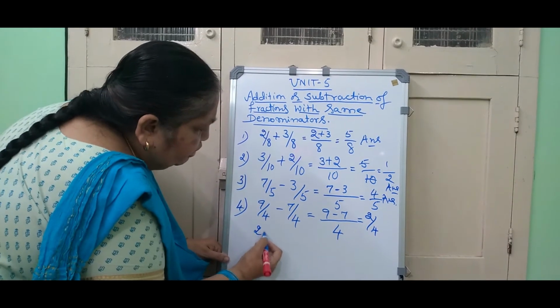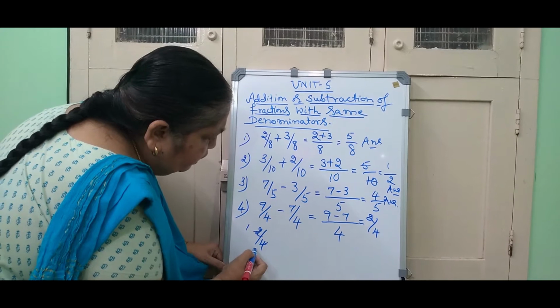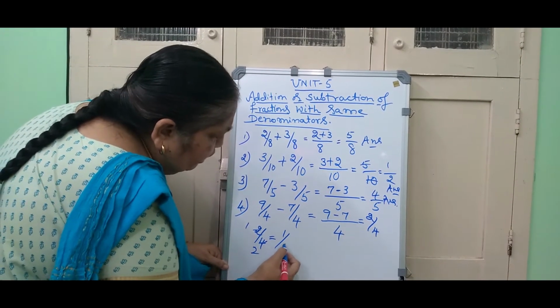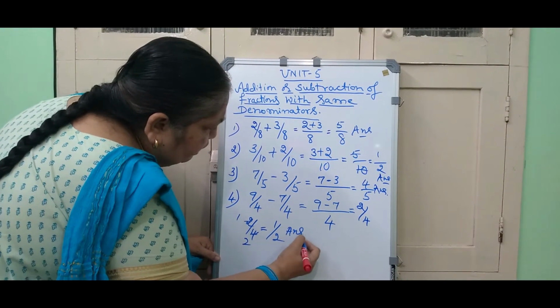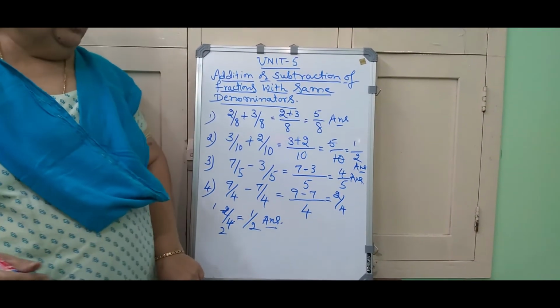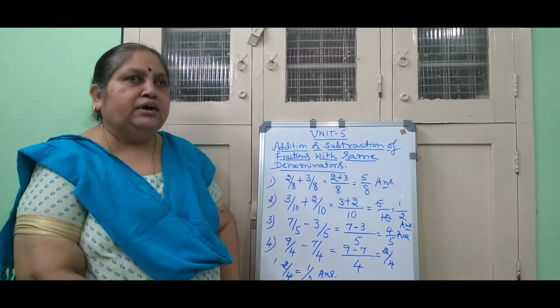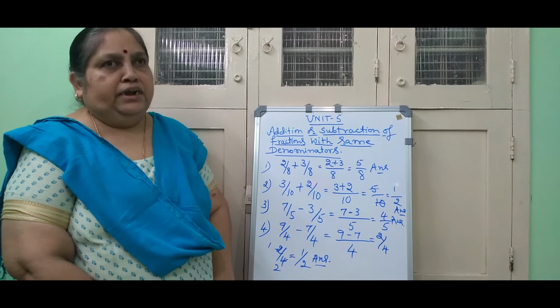Again, if I consider this 2 by 4, I can cancel this number. 2 ones are 2 and 2 twos are 4. So it is nothing but half, and this will be the final answer. So this is how we can add or subtract the fractions with the same denominators.